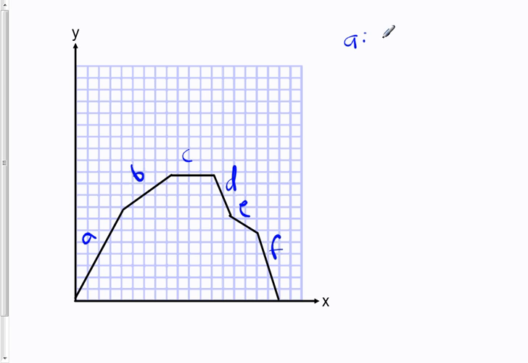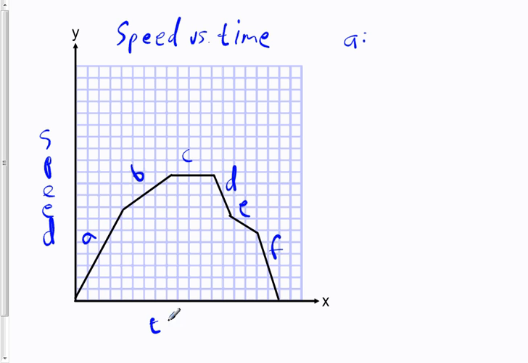Okay, so A means that speed versus time. Speed and time. So A means that the object is increasing in speed, therefore it has a positive acceleration.